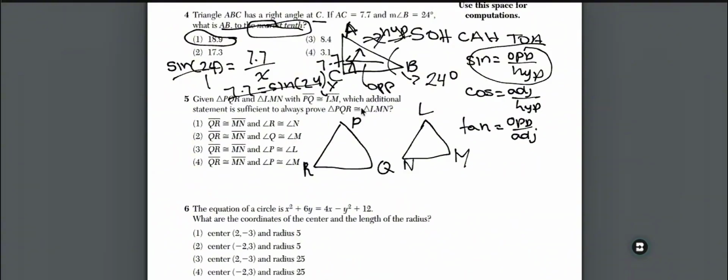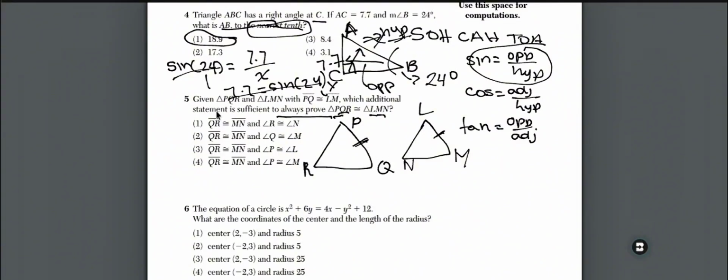Line up your points. So P is lined up to L, Q lined up to M, and R lined up to N. They're lined up. Now, it says that PQ is congruent to LM. Which additional statement is sufficient to always prove that both triangles are congruent?